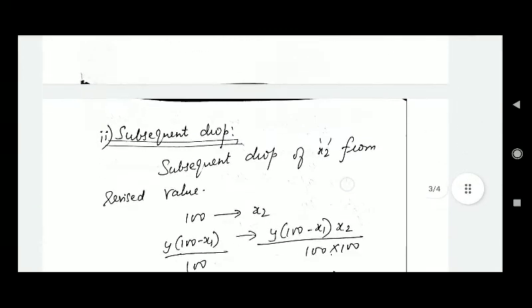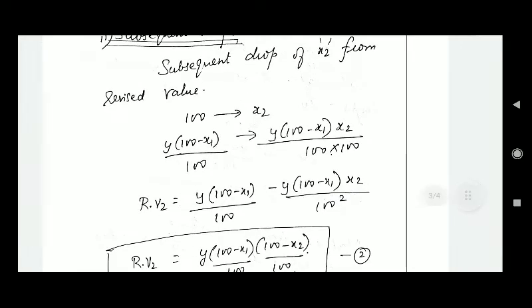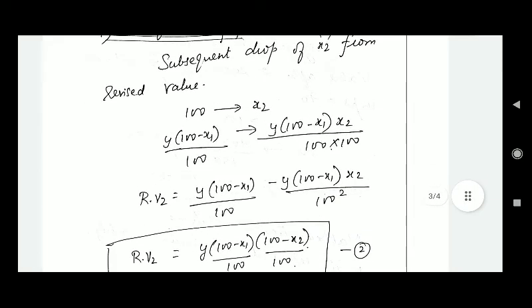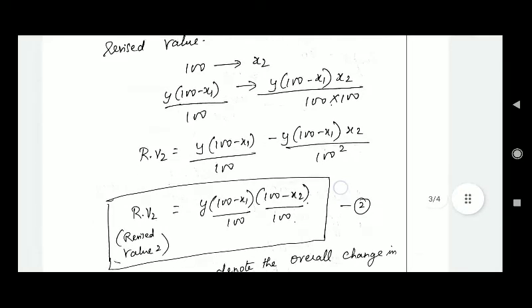Now if we subsequently drop the revised value by another x2 percentage, for 100 the drop is x2, so the absolute drop with respect to y times (100 minus x1) by 100 will be y times (100 minus x1) times x2 by 100 square, applying the same direct proportion logic that we tend to use in the elementary school level education.